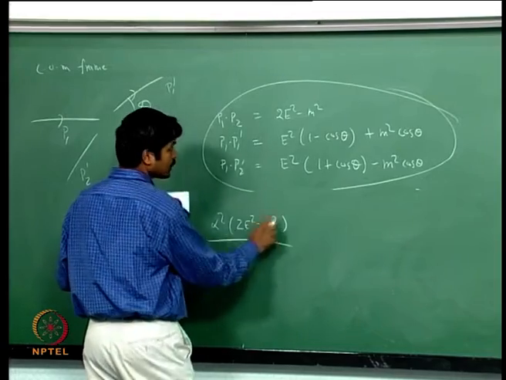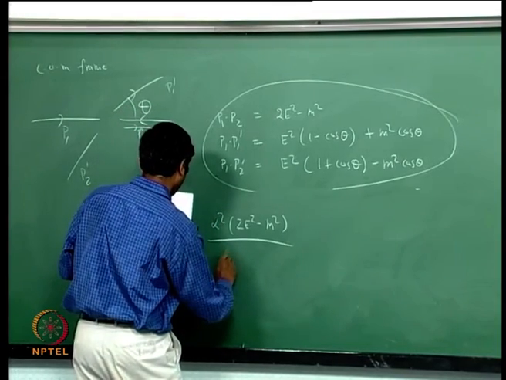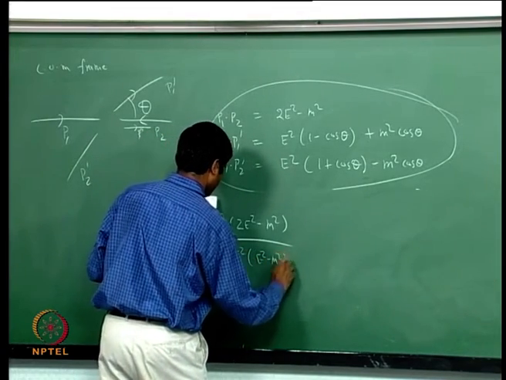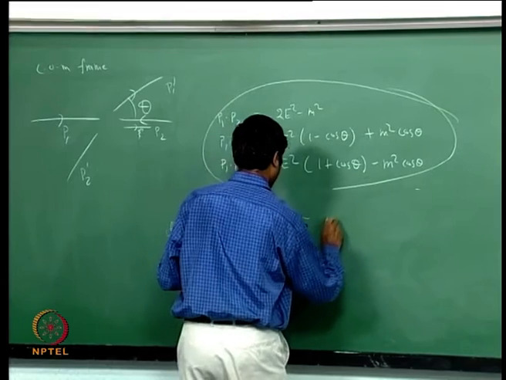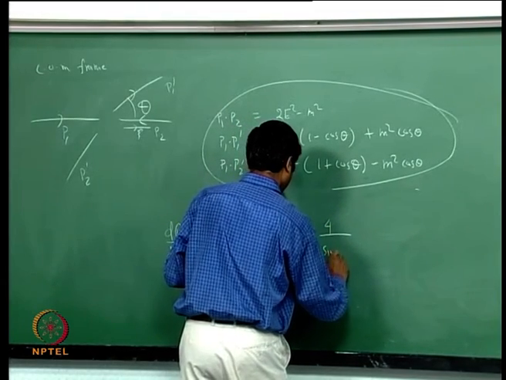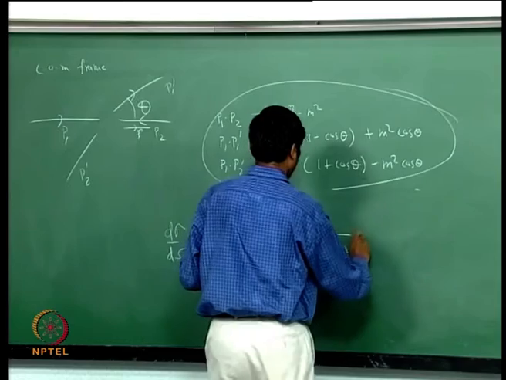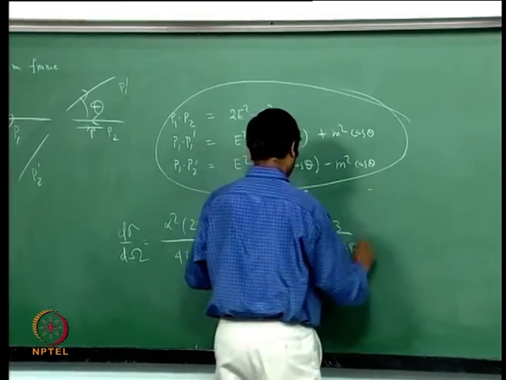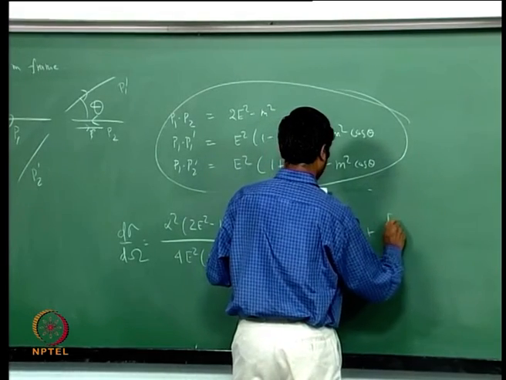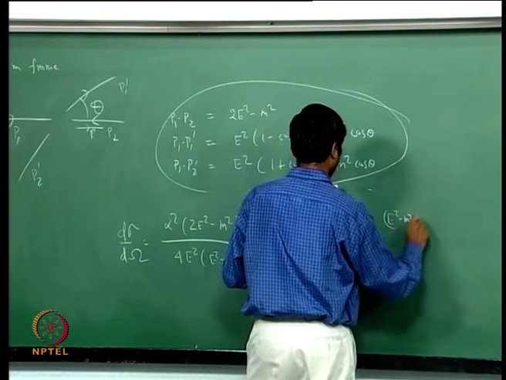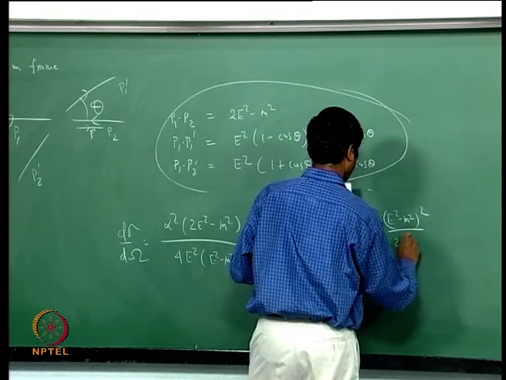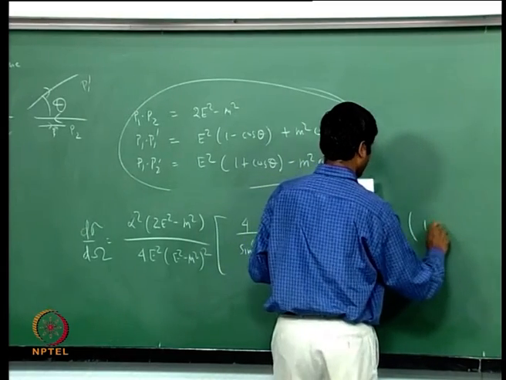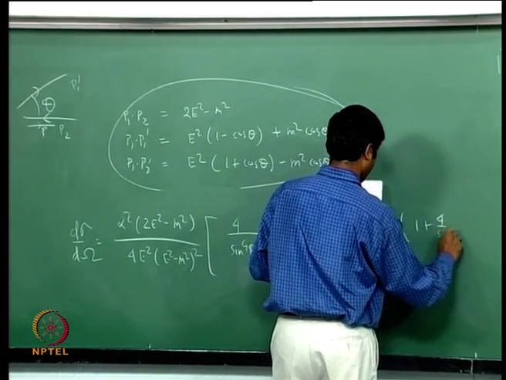Now, you can see the origin of all these terms: 4 E square minus m square whole square times 4 over sin to the 4 theta minus 3 over sin square theta, plus E square minus m square whole square times 1 plus 4 over sin square theta.